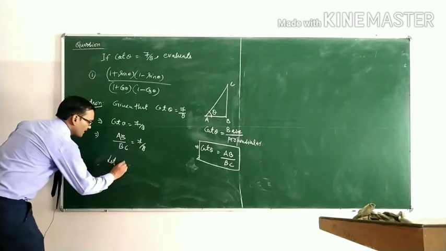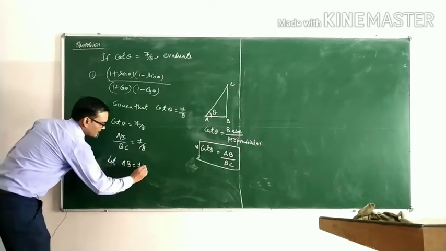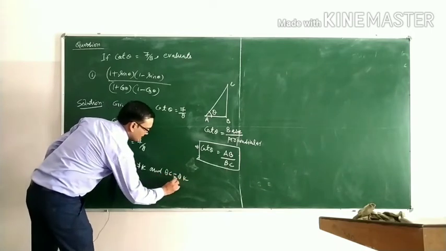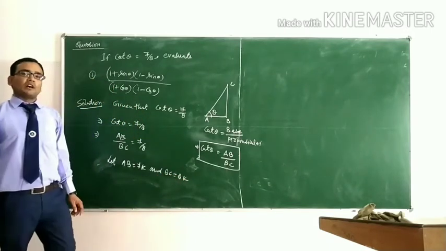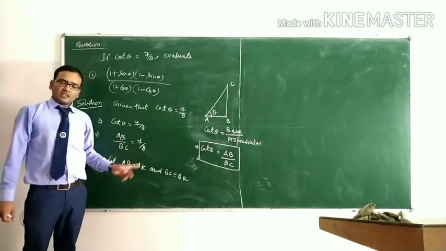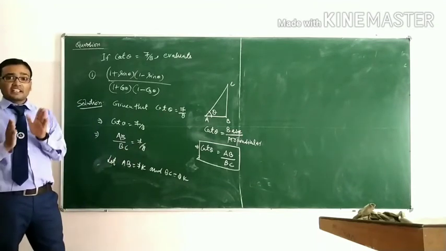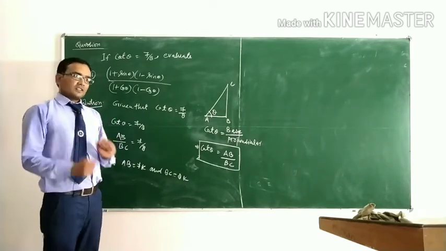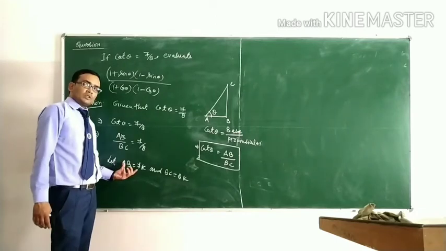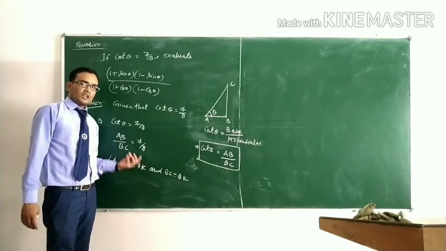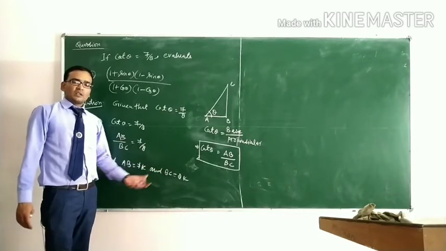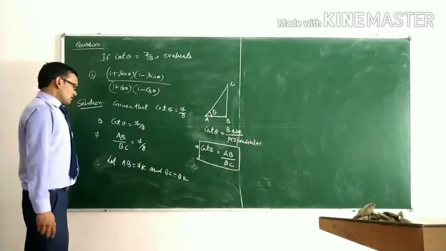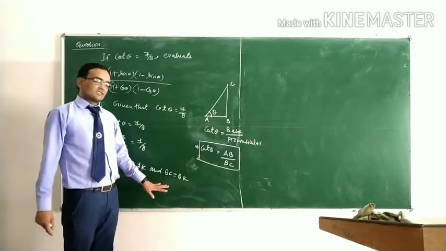Let AB equal 7K and BC equal 8K. Actually the values are AB equal to 7 and BC equal to 8, but the ratio of AB and BC is 7/8, so we take AB equal to 7K and BC equal to 8K, where K is a positive number.